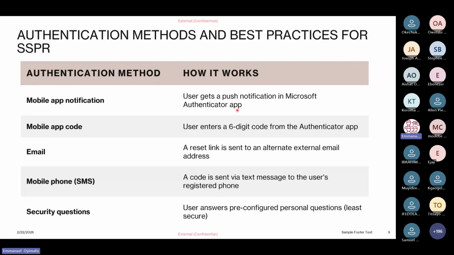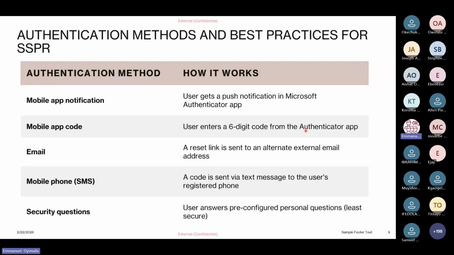So you can do mobile app code. This mobile app code is the code that you can get from your authenticator app. Once you go to your authenticator app and click on the account that you want to access, you see 6-digit codes. Those 6-digit codes, you can also use as an authentication method for SSPR, and you can use email.